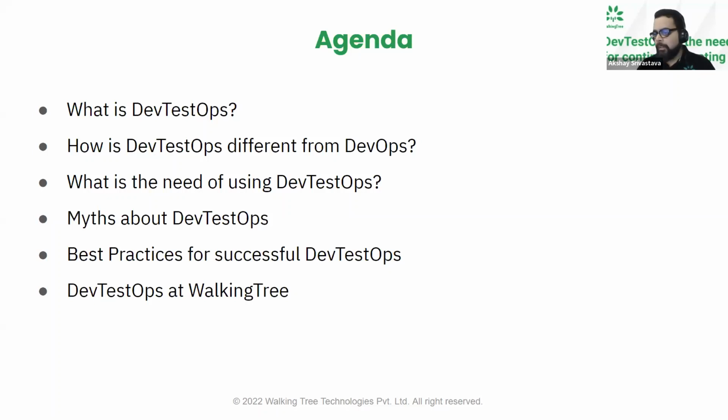So I'd like to start here. I hope we are able to take some good takeaways and some good insights from this session, and taking back all those insights, we are able to visualize the importance of DevTestOps in our own relevant implementations.